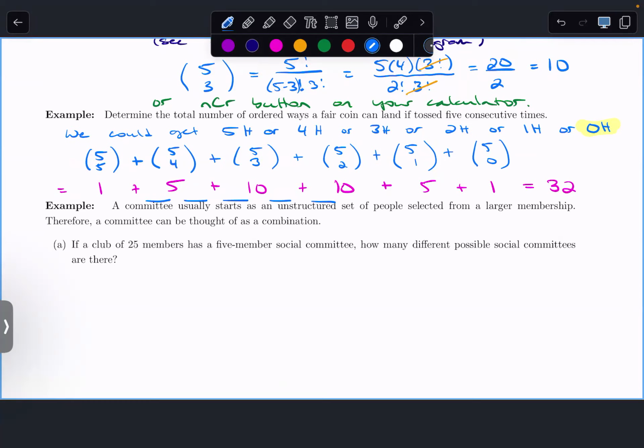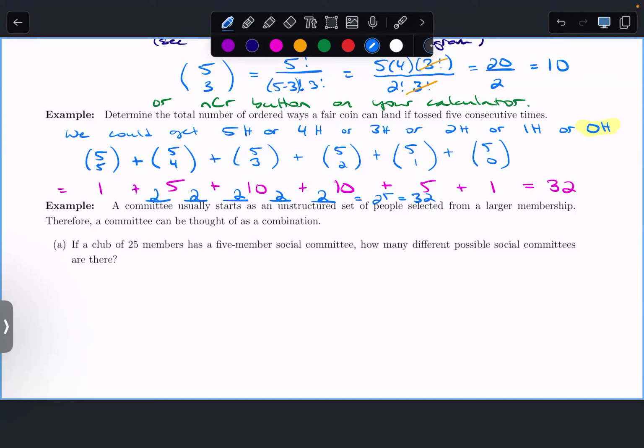I have 2 options, heads or tails, 2 options, 2 options, 2 options, 2 options. 2 to the power of 5 is also 32. So if you prefer, I'd say that's the easier way to do it.